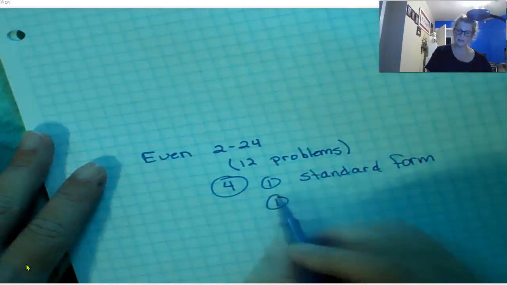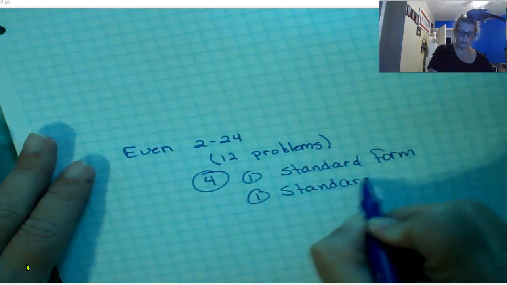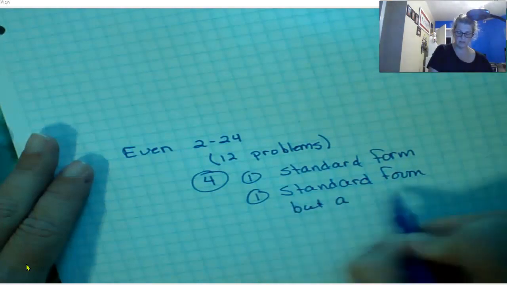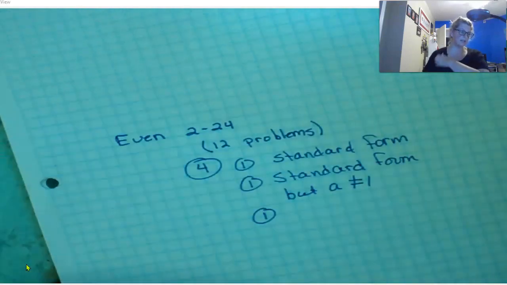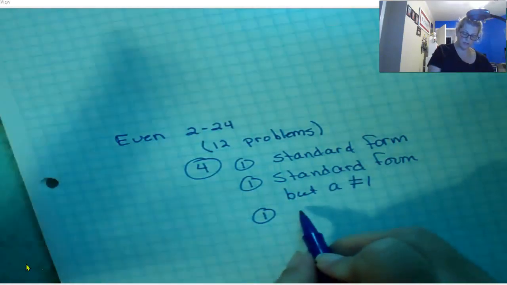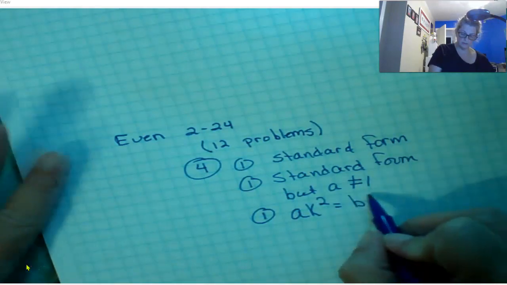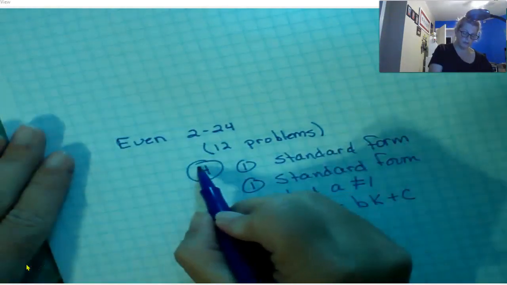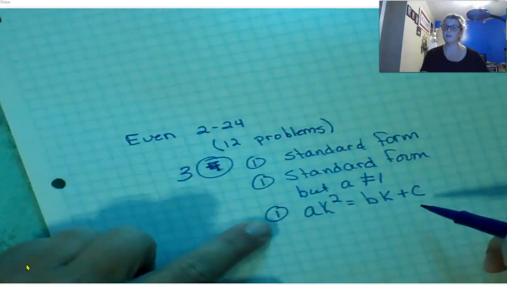One of them has to be standard form, or could be standard form, but a is not equal to 1. One of them has to be like that last example, where it has to be in that format. So actually, let's just break this down to 3 problems instead of 4. You're going to pick one of each. I don't care which one, you're going to decide.